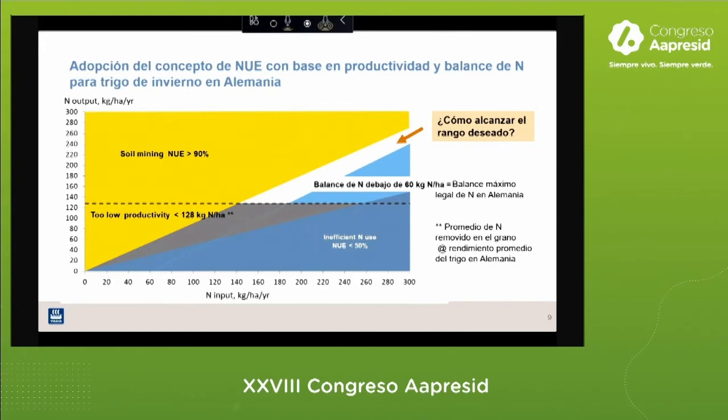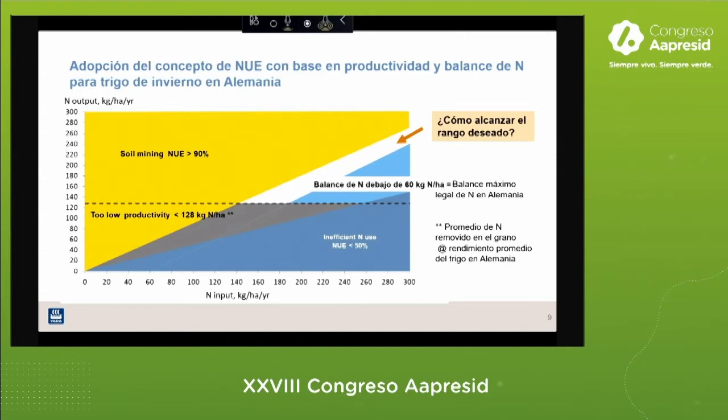And then, of course, as I said, we should also apply enough nitrogen so that the soil fertility is maintained and is still available for the next generations. So that's to keep the soil really healthy and fertile. That means for the farmer, there is a relatively small area, a wide area, which we can call a kind of desired space for nitrogen management.